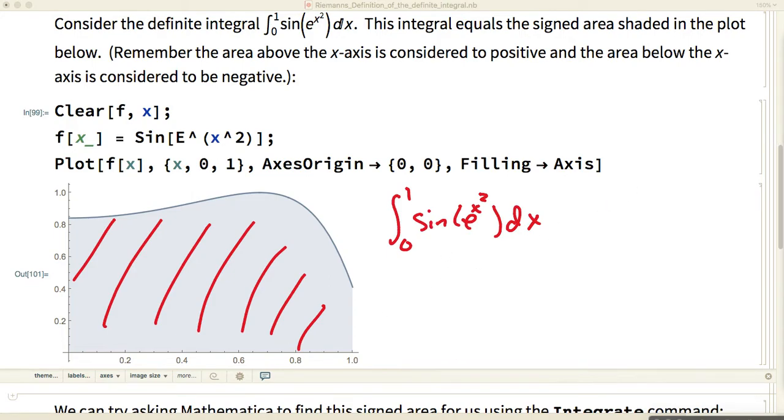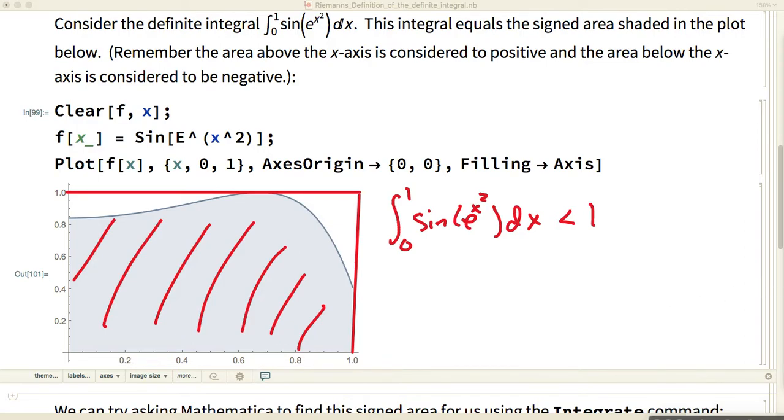And yet, if I start thinking about this chunk of area, I can easily put a line at y equals 1 and another line at x equals 1, and I've got a box that has area 1, and the area under the curve is certainly less than that box. So this integral is certainly less than 1. And so we'd like to be able to find that area.